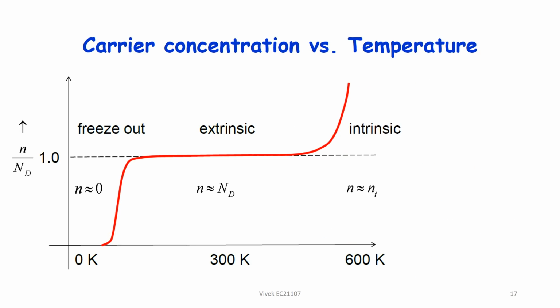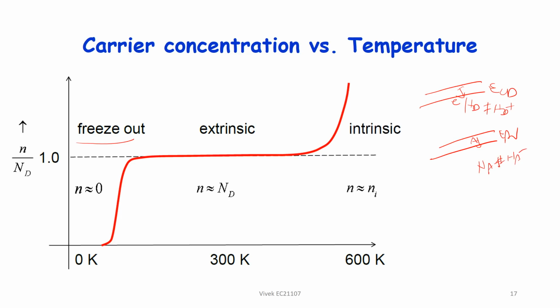At low temperature we have a phenomenon called carrier freeze out. That means thermal energy is so low that carriers cannot even jump this 0.1 electron volt, EAB or ECD, right? This is EAB and this is ECD. So they cannot even jump this one. This is called carrier freeze out. That means not all the donors are ionized, so Nd is not equal to Nd+, or Na is not equal to Na-.